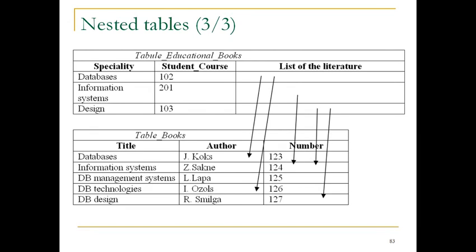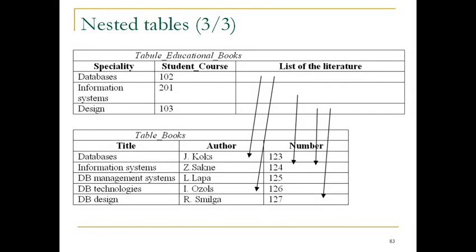For example, we can have the table containing our courses, for example, our specialty, database, information system design, and so on. What students have these courses, for example, what groups of students, and we have some list of literature. Of course, each course can have more than one source of literature.